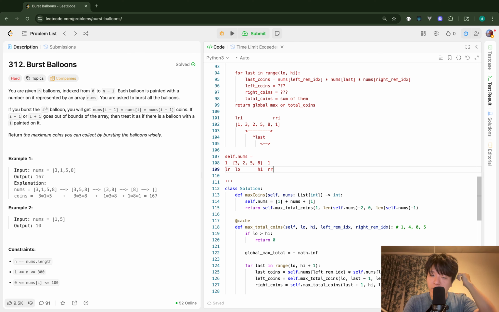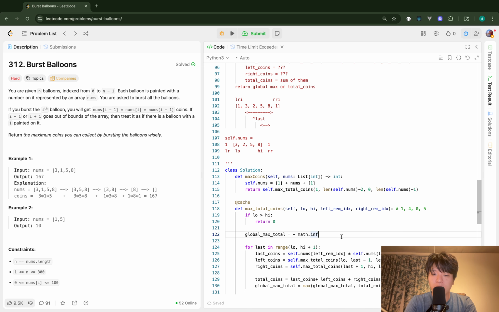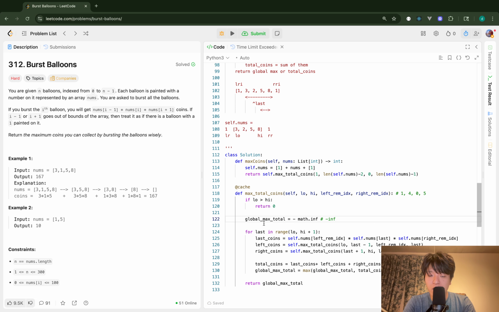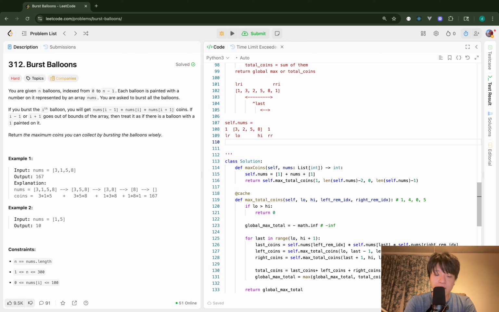In line 119, low is not larger than high, so I go to line 122, and minus infinity is now the global max total, and I iterate the last index. So I start from index 1.